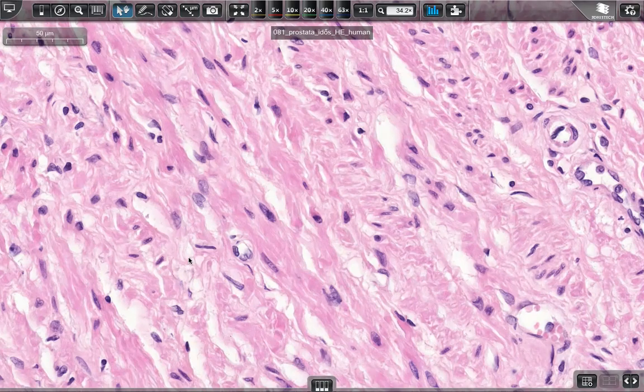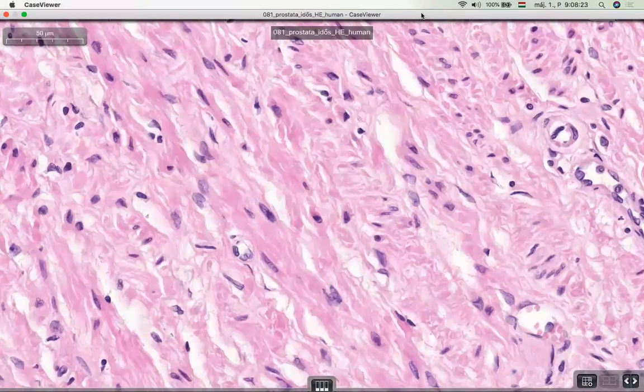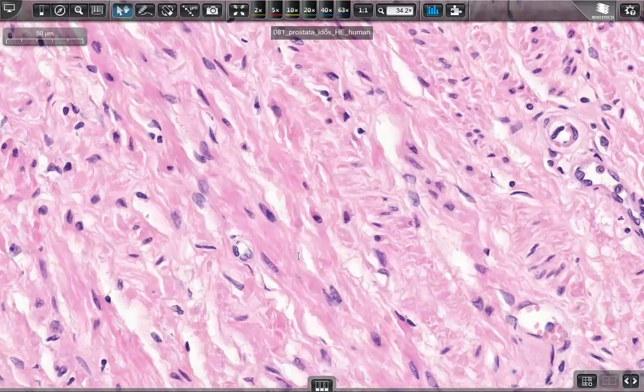So the mix of the smooth muscle and collagen fibers form this typical type of connective tissue, which is really typical for the prostate, called fibromuscular connective tissue. This is the typical environment for the main and submucosal and mucosal glands.